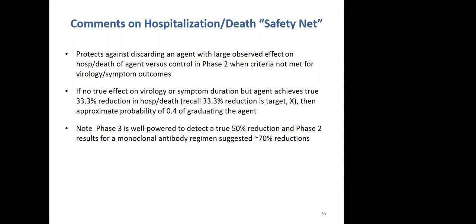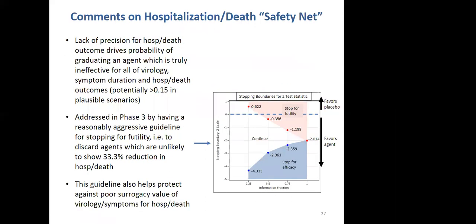So we were covering our bases. We did have this safety net that allowed an agent to graduate, having shown no or minimal effect on virology and symptoms, but with an observed effect on hospitalization or death of at least a 1/3 reduction. The caveat here, obviously, is smallish numbers.